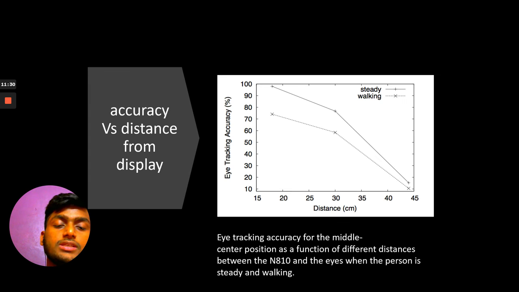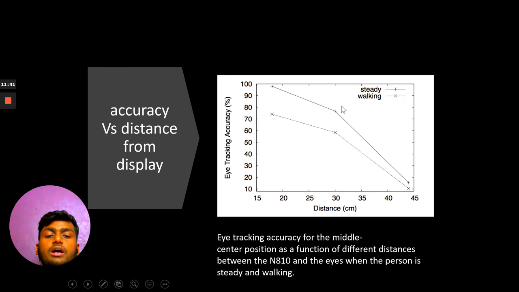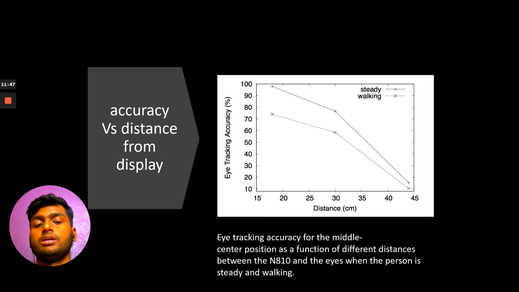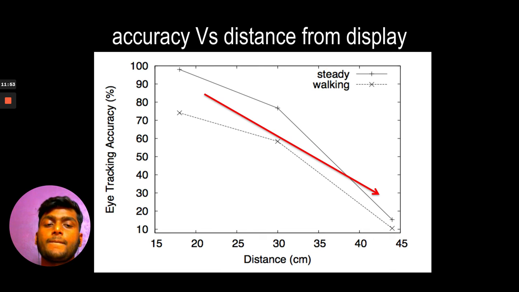You can see in both cases, steady and walking, the accuracy has dropped severely after it has reached a distance of 30 centimeters and more. You can see the graph is really slopey. That's what the research should focus on, and we can really look forward to more advanced technology in the future. You can see the downward trend of the graph and how it is severely dropping after 30 centimeters.